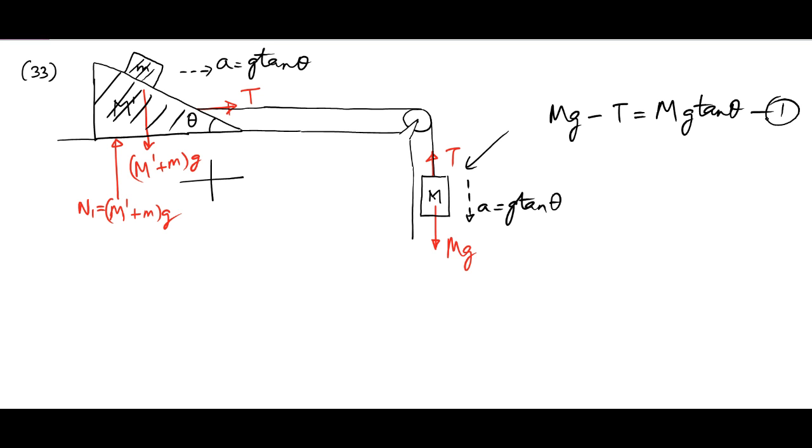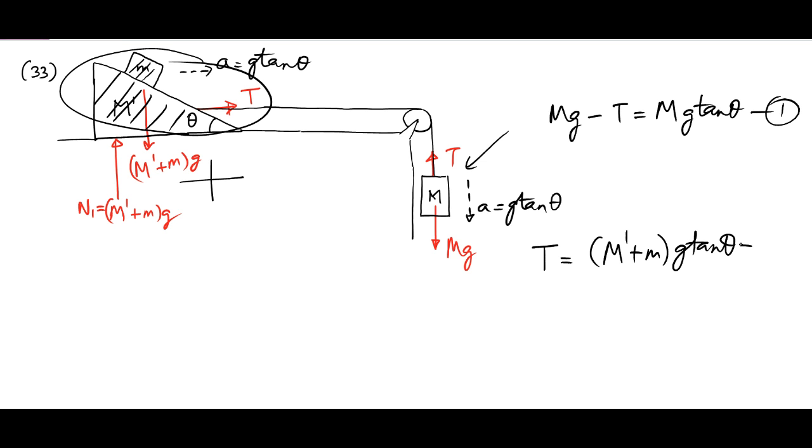And then you apply Newton's second law, sigma F equals ma, to this composite block M plus M dash in the rightward direction. So the rightward force is T, and that must equal the mass, which is M dash plus M, times the acceleration, which is g tan theta. That's my second equation. Now you solve these two equations, you can eliminate T and you can find M.